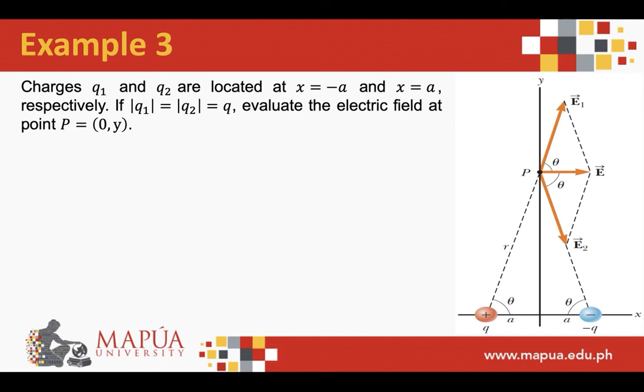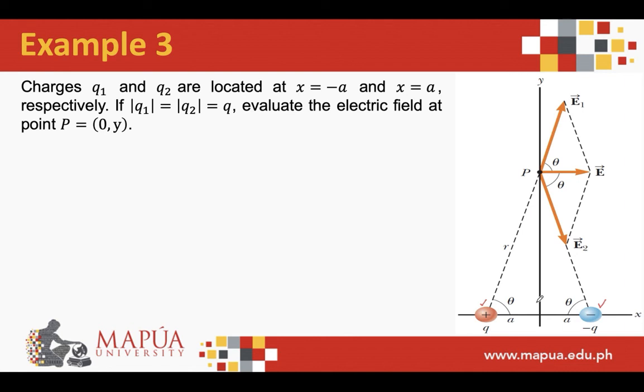Let's discuss example number 3. Charges Q1 and Q2 are located at x equals negative A and x equals A respectively. This is the y-axis, so this charge is a distance A from the y-axis, and the negatively charged one is also a distance A from the y-axis.